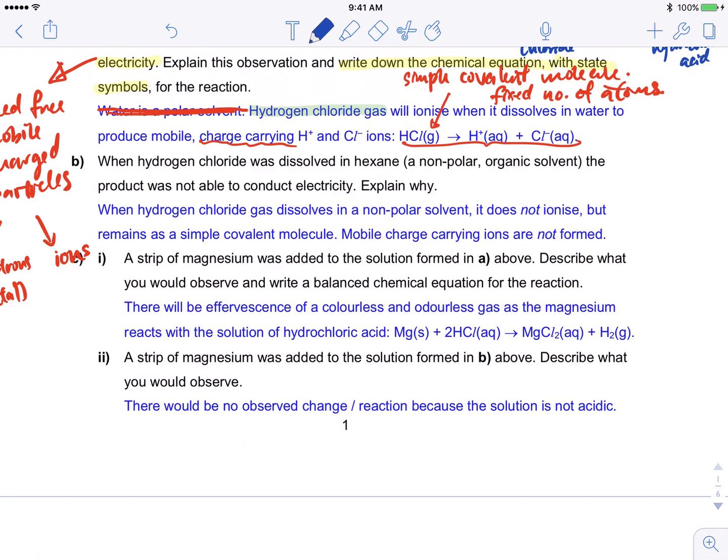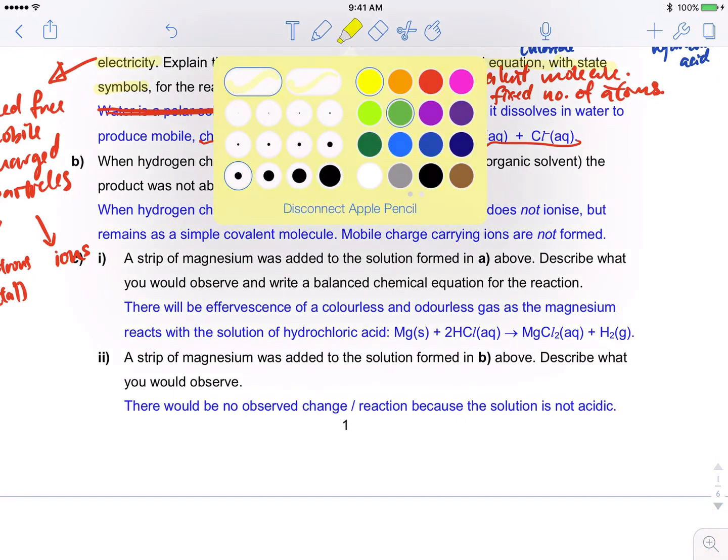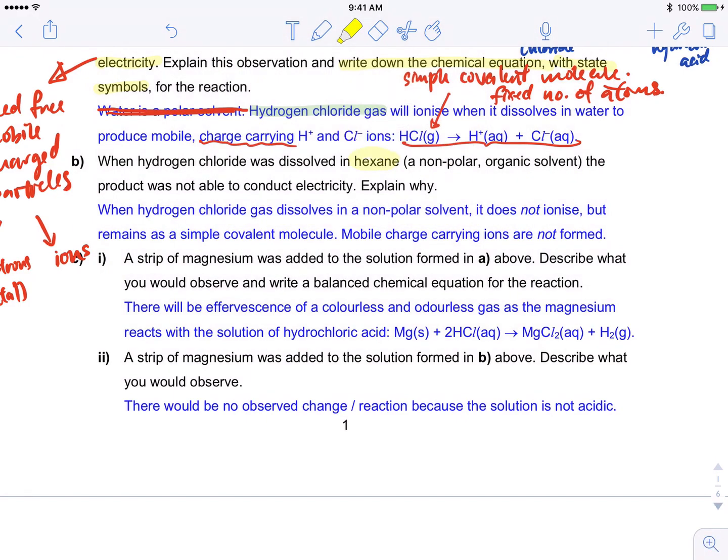Next, when it is dissolved in hexane, a non-polar organic solvent, the product was not able to conduct electricity. Explain why. They already said to you that hexane is an organic and non-polar solvent. You don't need to know the meaning of the word non-polar. It will be taught to you next year. However, what you do know is that hydrogen chloride dissolved in this solvent that is not water cannot conduct electricity.